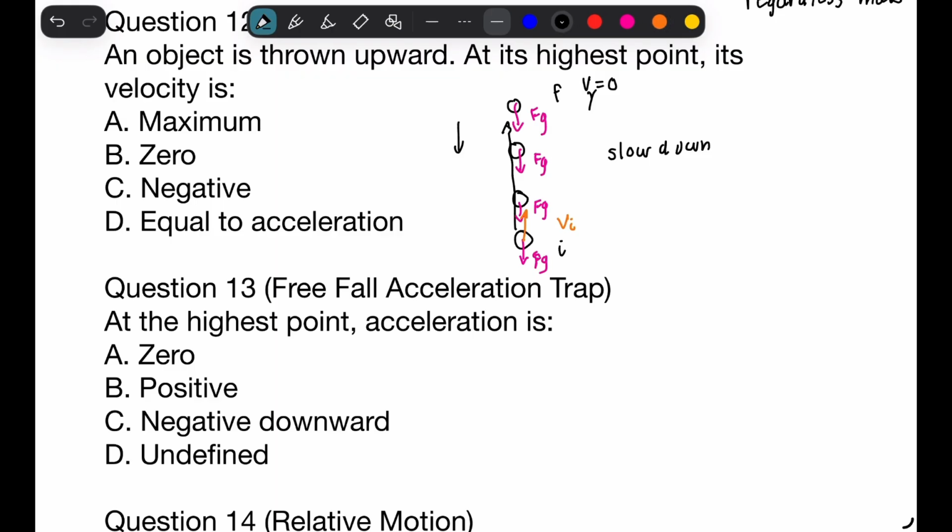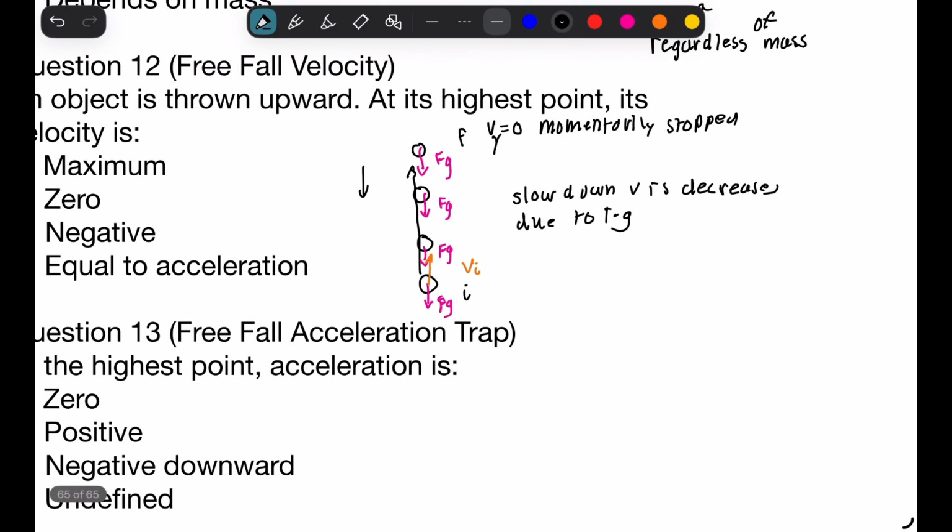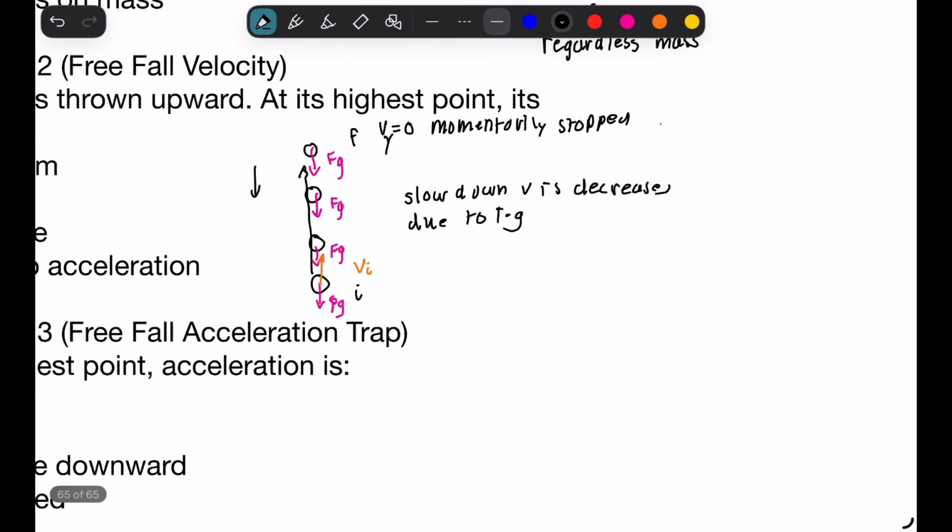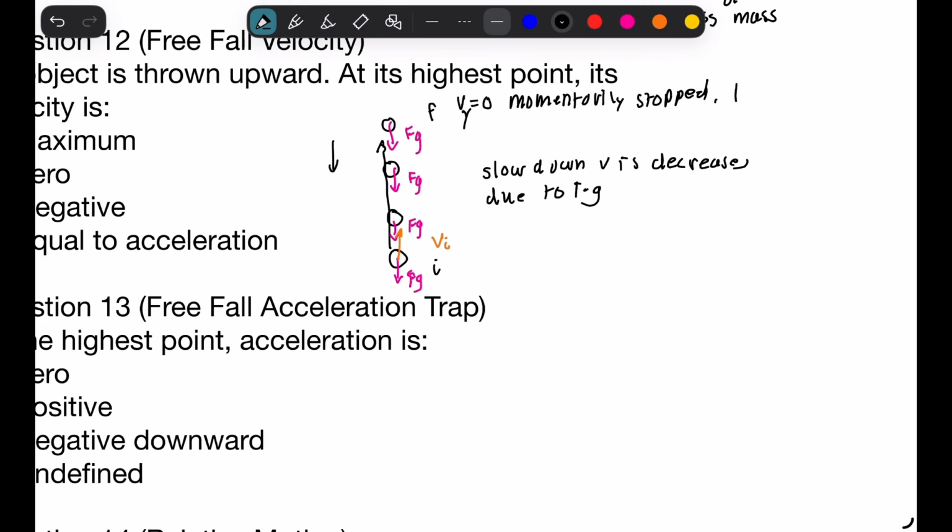So at this very top point, it's momentarily stopped. On the way up, the velocity decreases due to our force of gravity. The reason our vy is equal to 0 at the top is that this is when the object changes its direction of motion.